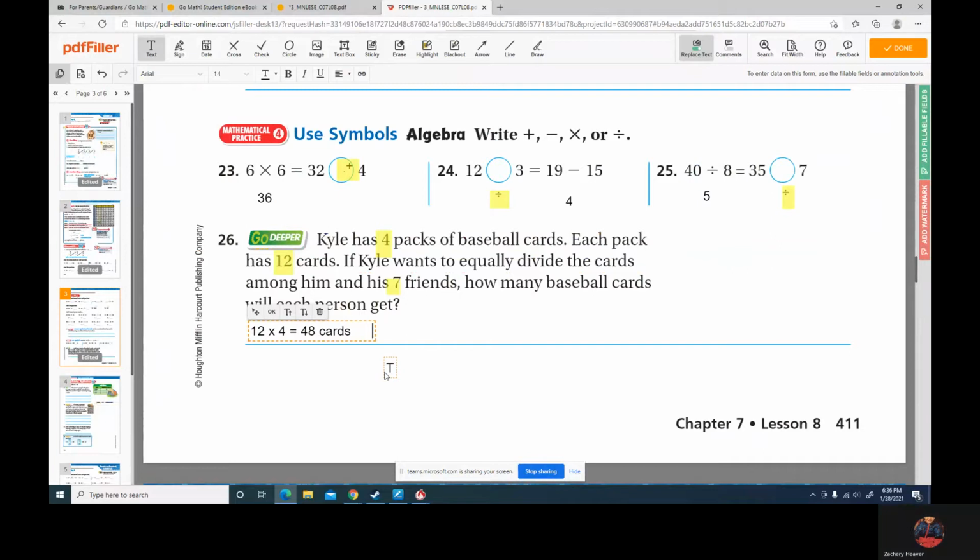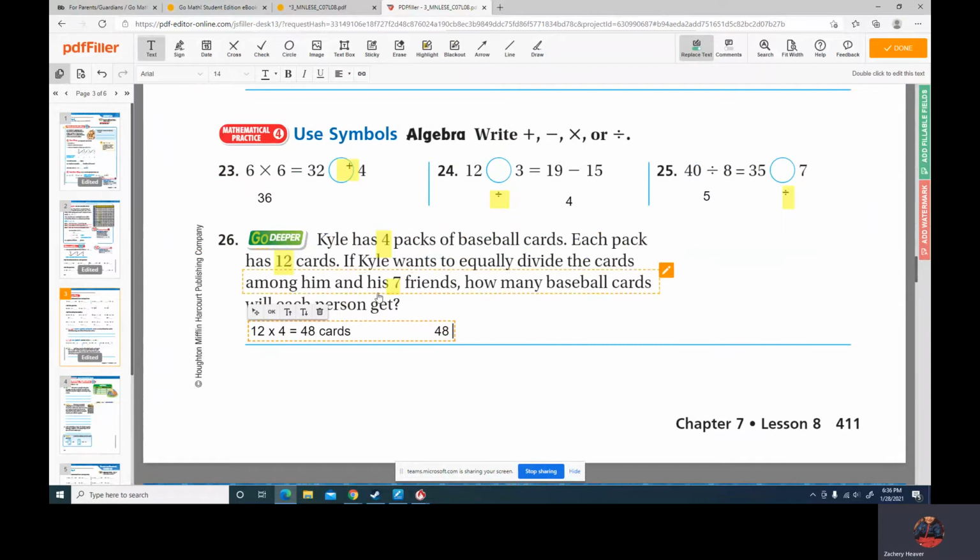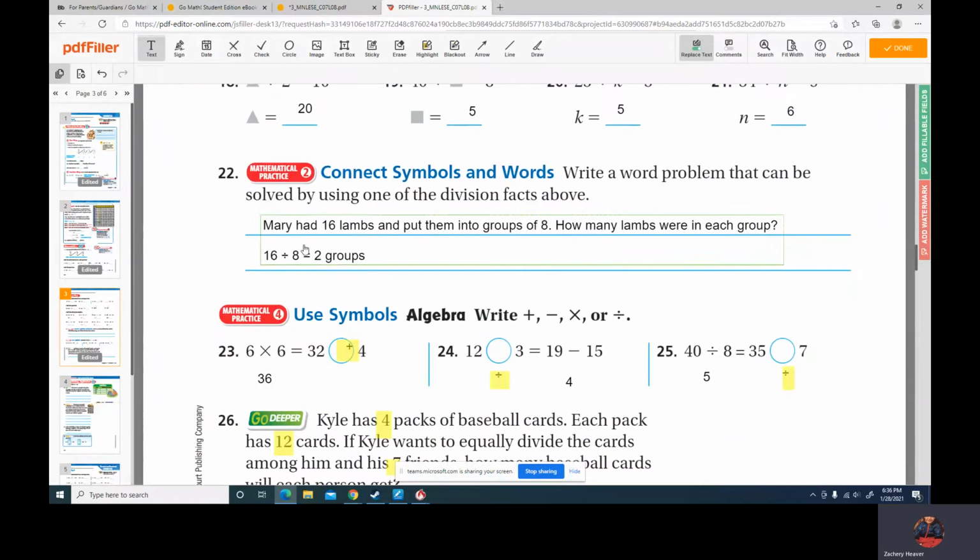So our next equation is going to be 48 divided by, let me see if I get this one.